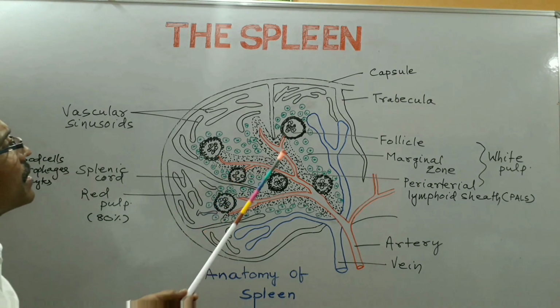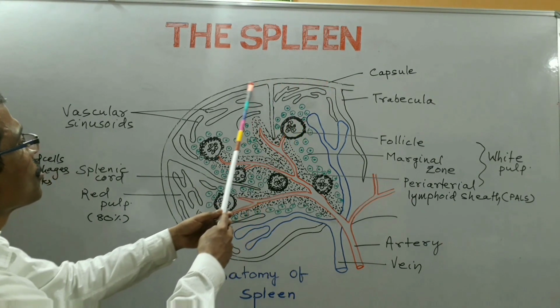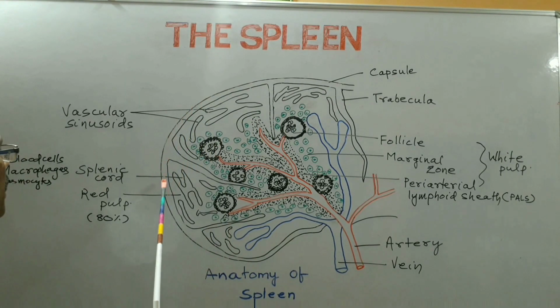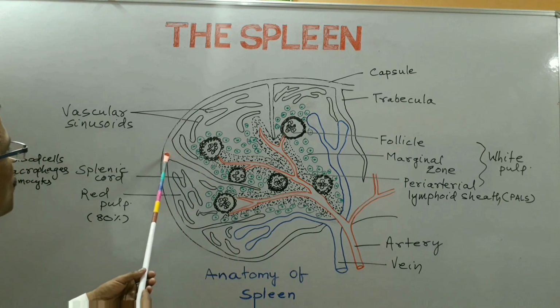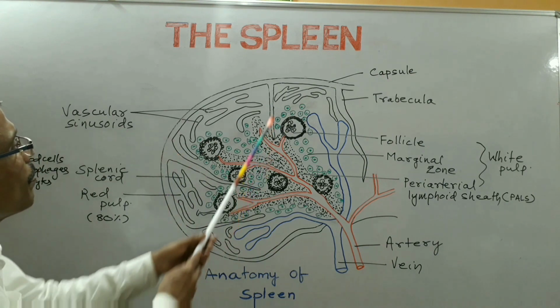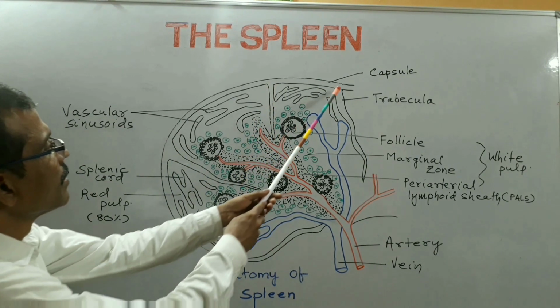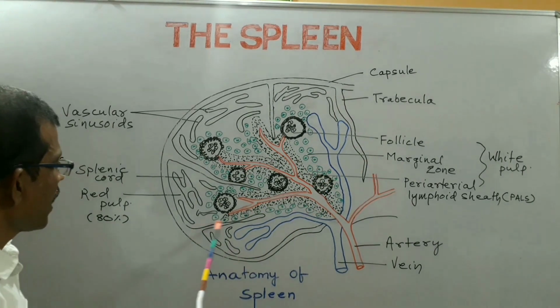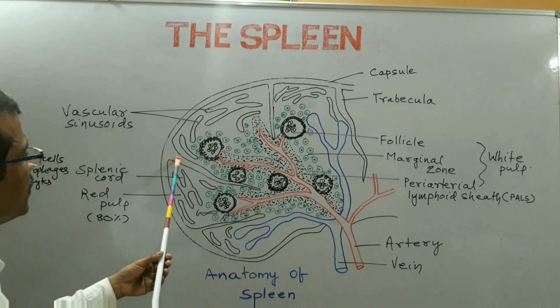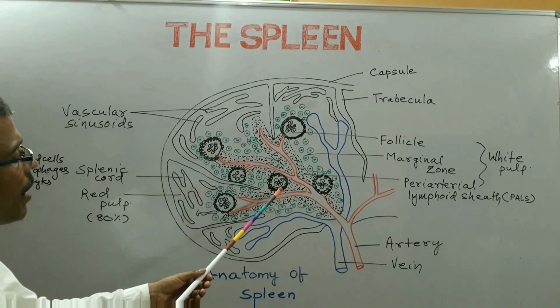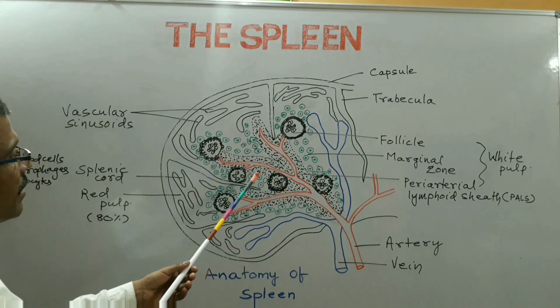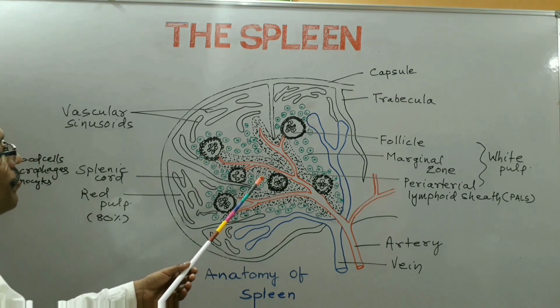In addition, the capsule also allows the spleen to increase its size whenever necessary. The capsule gives rise to a number of septa, known as trabeculae. These trabeculae penetrate into the parenchyma of the spleen and partly divide the tissue.